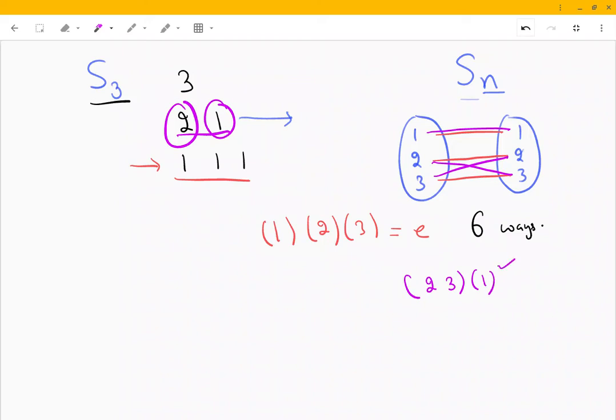We can either write it or skip it, does not matter. Similarly, we can fix 2 and 1, 3 can permute. Then we can fix 3 and 1, 2 can permute, right? These are called two cycles because this is how we write it. These are also called transpositions.